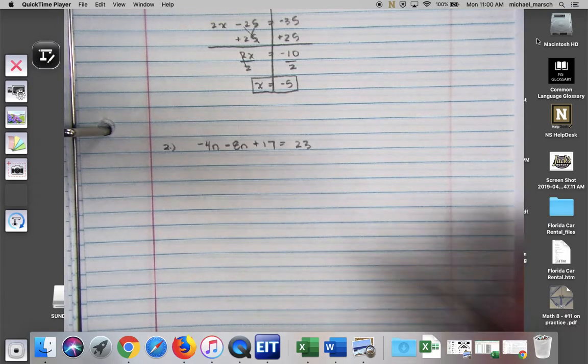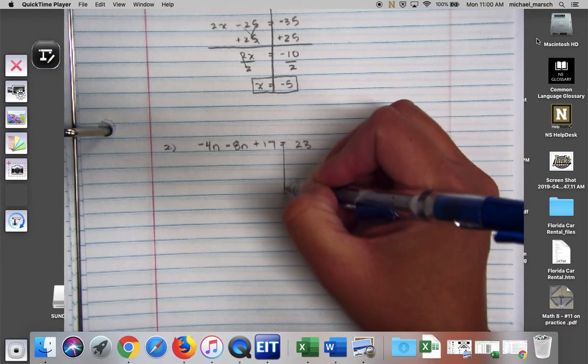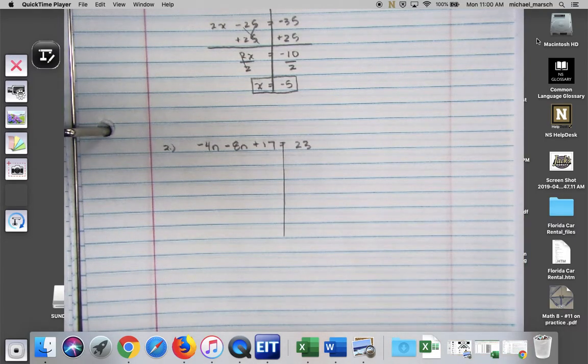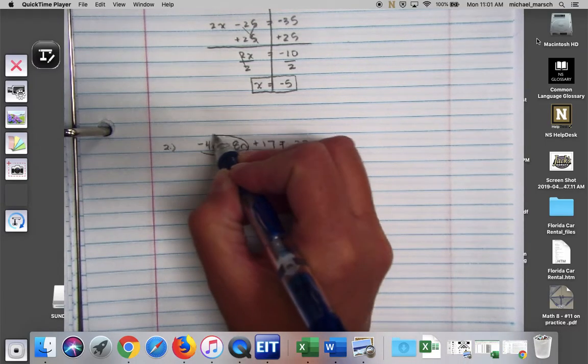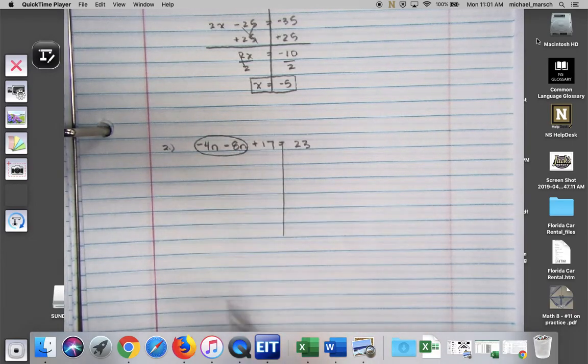So I'm going to draw my wall of equality. Savannah, what are my like terms for this equation? Great. So I'm going to circle those, and I'm going to combine these. So what is negative 4n minus 8n?